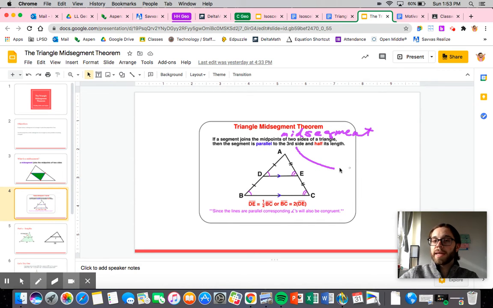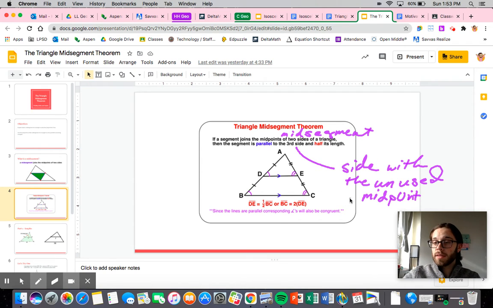By the third side, it just means the side with the unused midpoint, right? So we're going to look at the side with the unused midpoint, and it'll be parallel to that side, and it is half of its length. So this right here is half of this longer one at the bottom. It's the one that we don't have the midpoint of for our midsegment.